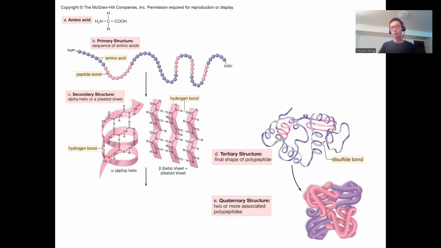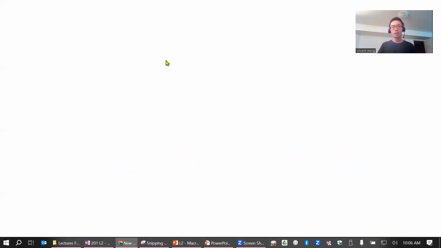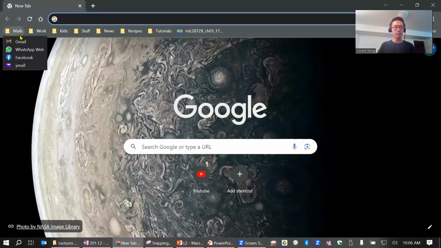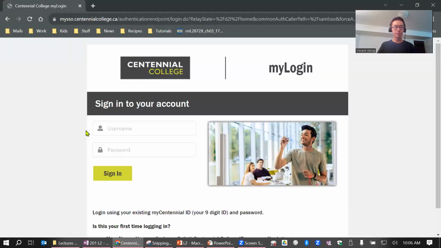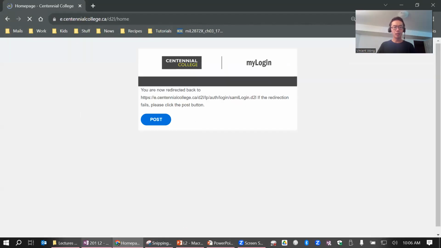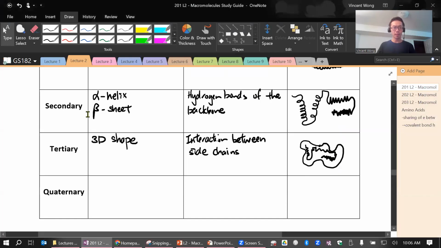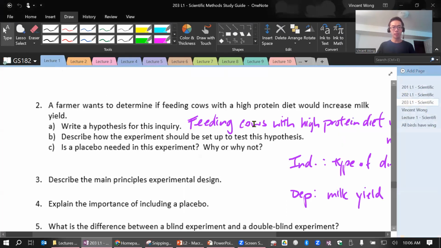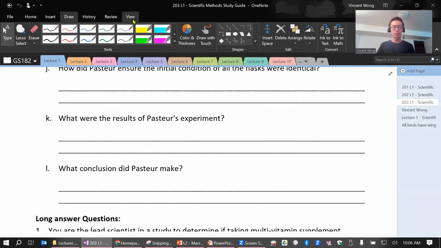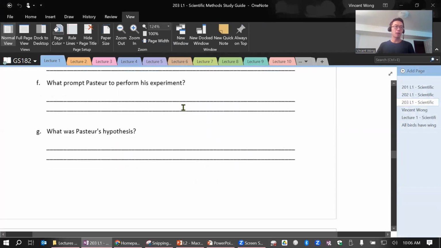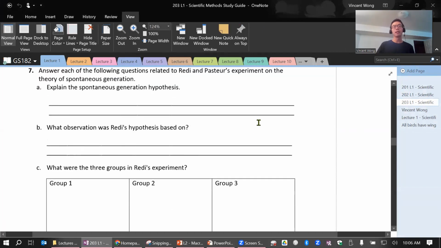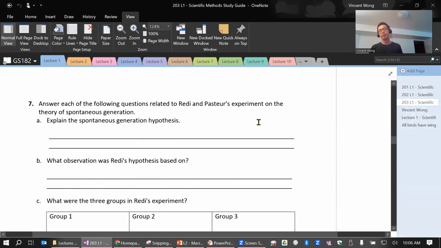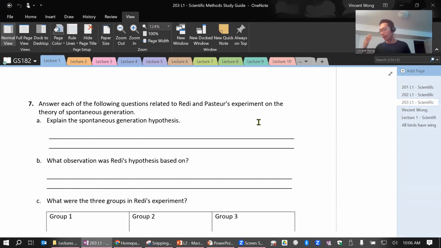I'm not sure which sheet you are referring to. Could you explain that again, please? It's on the assignment page. You mean the study guide? The study guide, the one where we have to answer all the questions and fill them in. Like this one, right? Is that what you're talking about? Yes, that one. Sure, that could be a cheat sheet if you want. But this will be on the quiz, right? Yeah, but in multiple choice format.